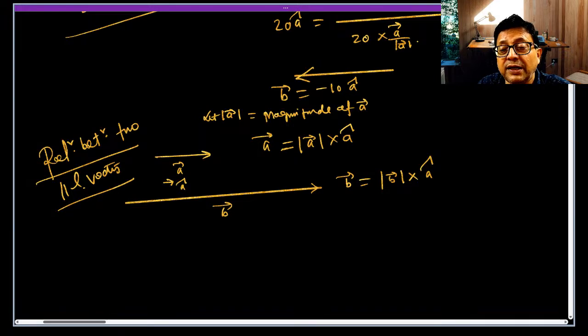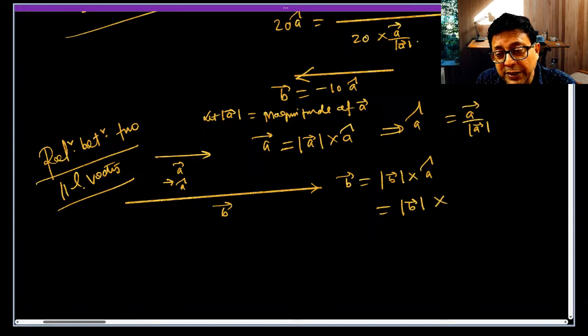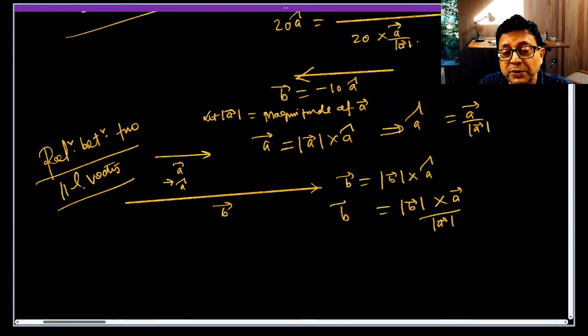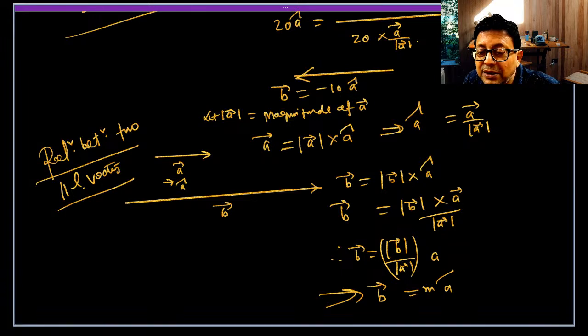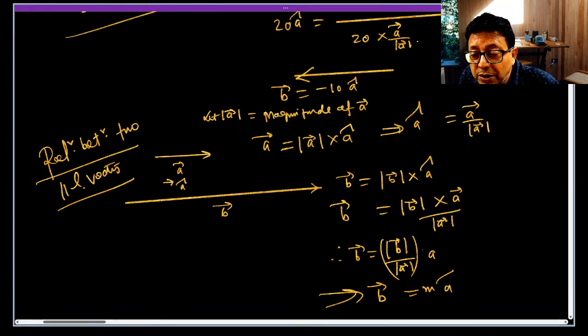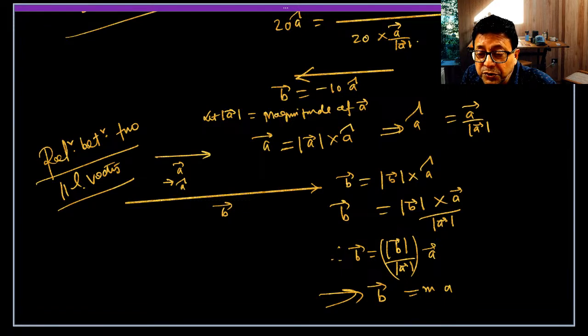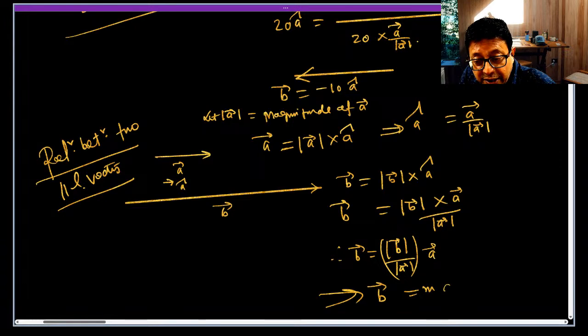You take the vector A, A cap is A by mod A. You just put it there: mod B, A by mod A. So B vector is mod B by mod A into A. This implies that B equals m into vector A. Clear?